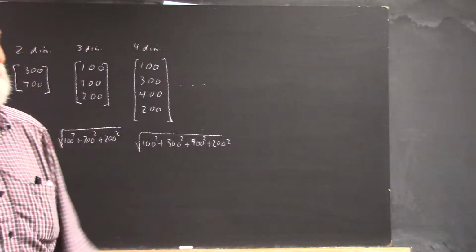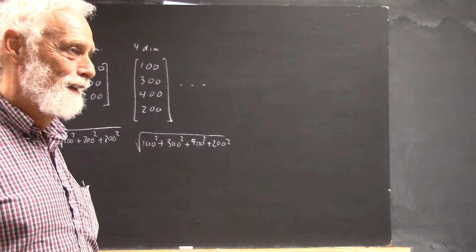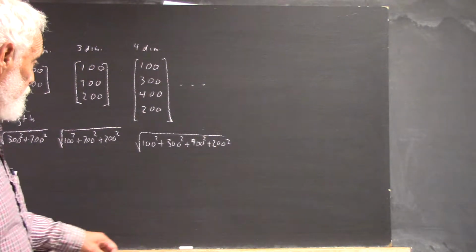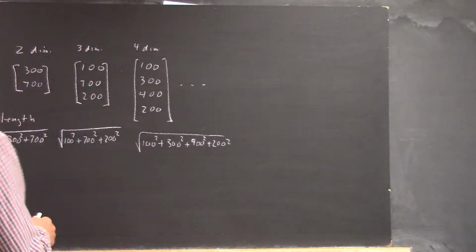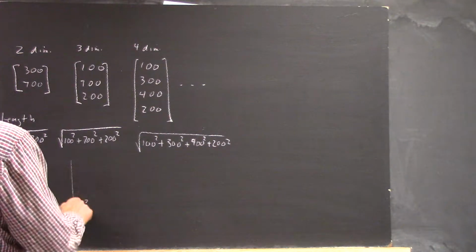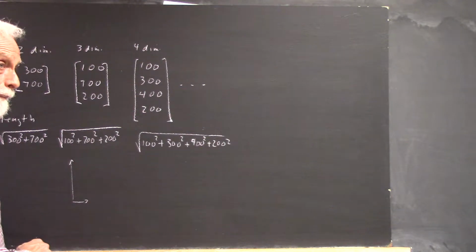Okay? Yeah? So the length you're finding right there is the length of the diagonal. It would be. Okay. And in 3 dimensions, it's like you have 100 this way and let's say 700 this way, right?